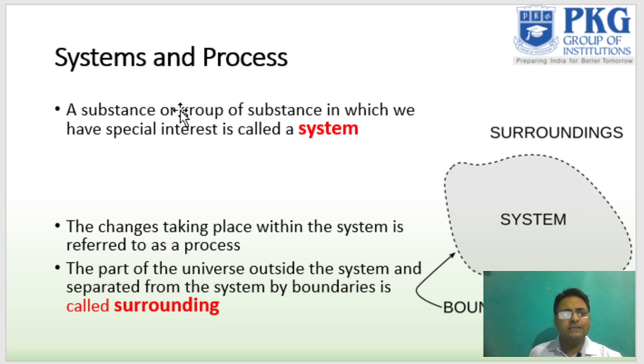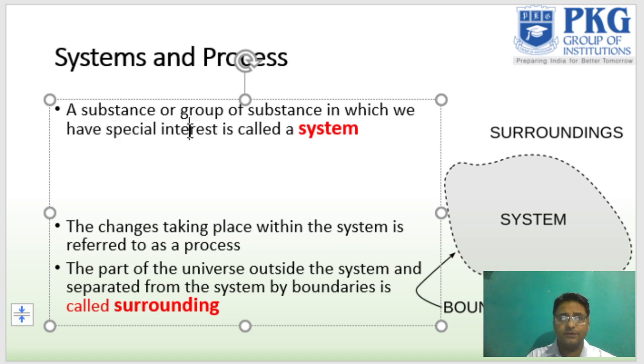So now we will discuss some fundamental concepts of thermodynamics. The first is we have to define the system and the process. So what is a system? In thermodynamics, a substance or group of substances in which we have special interest is called a system.